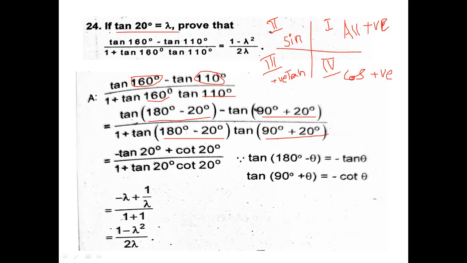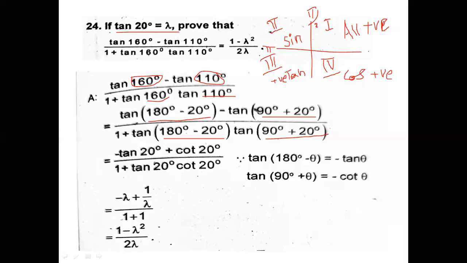So tan (180 minus theta). 180 minus theta means second quadrant. This is 180, pi by 2 is nothing but 90, and this is 0 or 360.